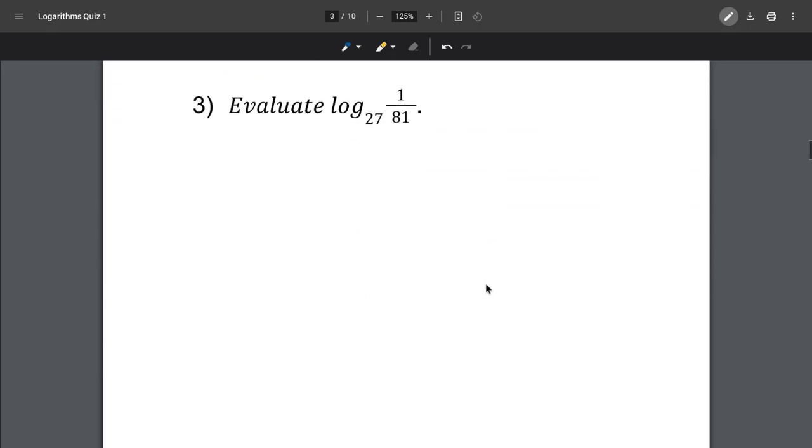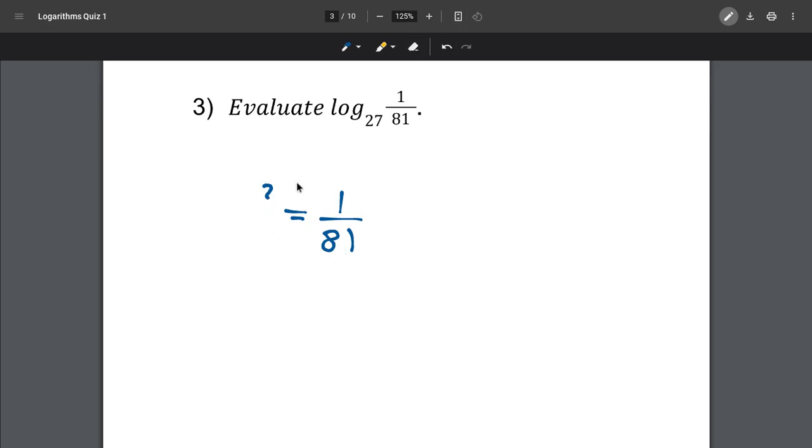Okay, this next one, we're going to evaluate log base 27 of 1 over 81. So we're coming up with a value here. If we were going to write this in exponential form, we'd say 27 to some power, I'm going to put a little question mark here, equals 1 over 81. And that's really going to be tough to figure out.